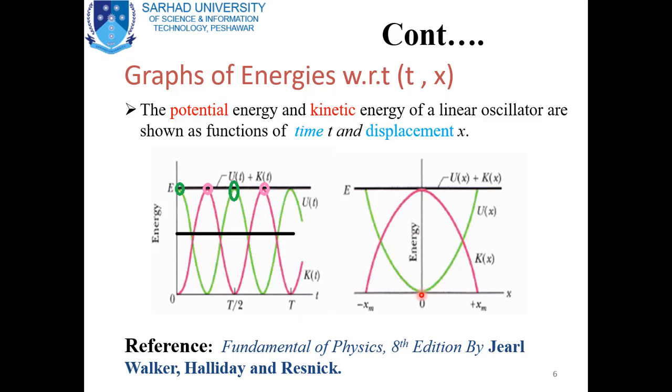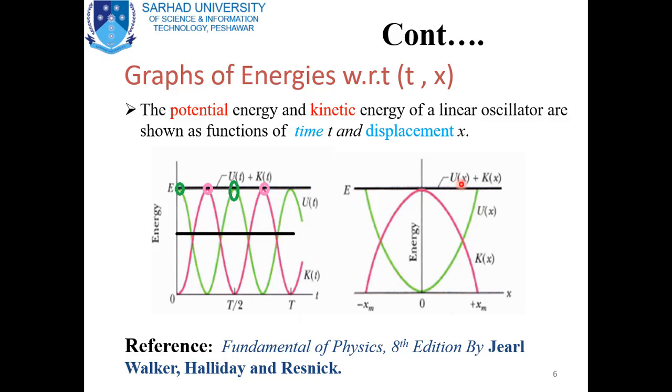So when you discuss the energy in terms of position, at the mean position, when x is equal to 0, the total energy of the body is the kinetic energy. So here the kinetic energy is maximum, which touches the horizontal maximum energy. When x is equal to minus xm or plus xm, the kinetic energy becomes 0, while at that point the potential energy touches the maximum energy.